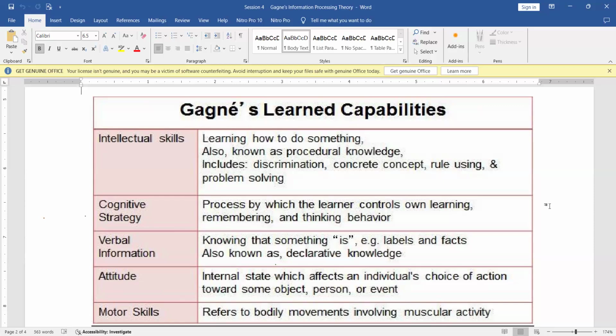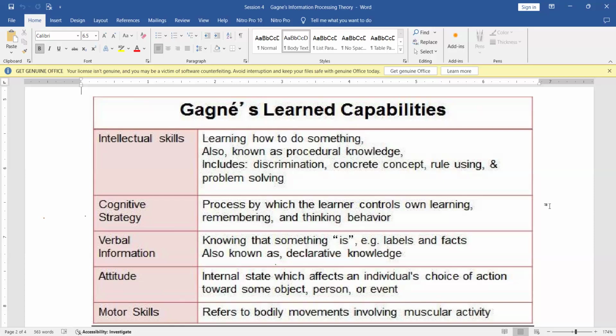Don't get it mixed up with Gagne's learning outcomes, okay? In Gagne's information processing theory of learning, Gagne also talks about learning outcomes. Though there are similarities, it is not exactly as Bloom's taxonomy as well. So don't get it mixed up, okay?